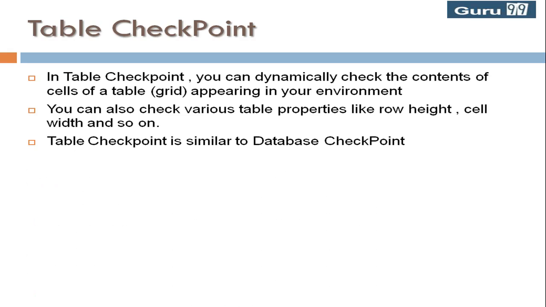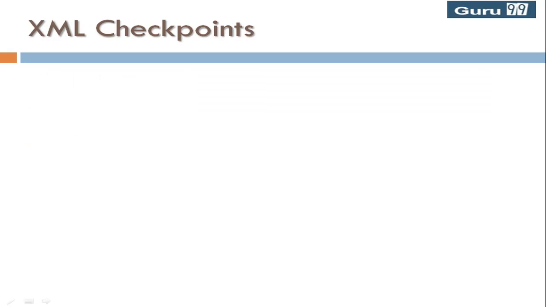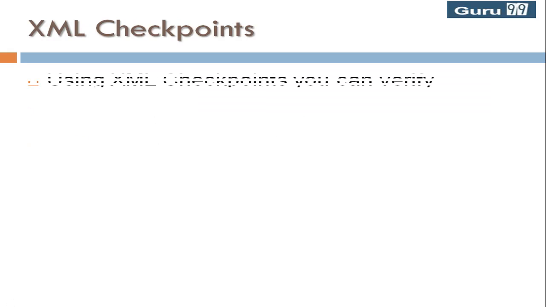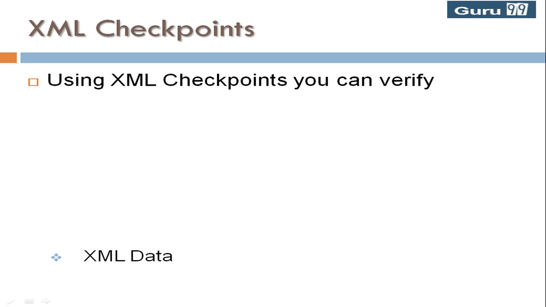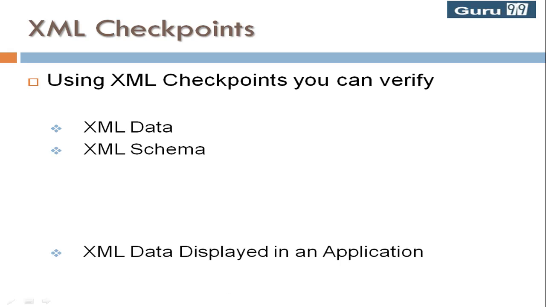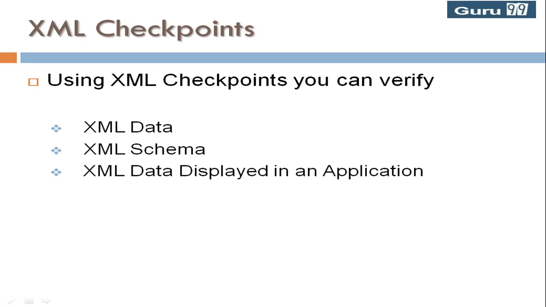Table checkpoints are similar to database checkpoints. XML checkpoints. Using XML checkpoints, you can verify XML data, XML schema, and XML data displayed in an application. That's all on checkpoints.